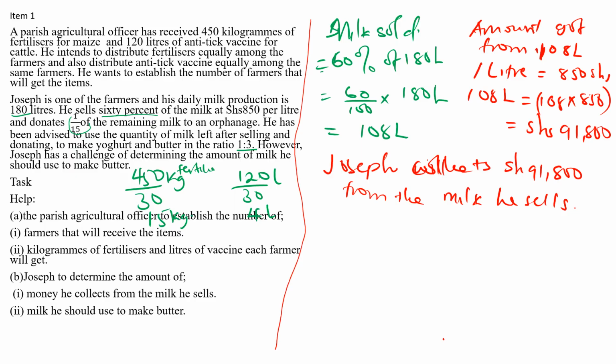So this is for this part. This is part B, then Roman 1.